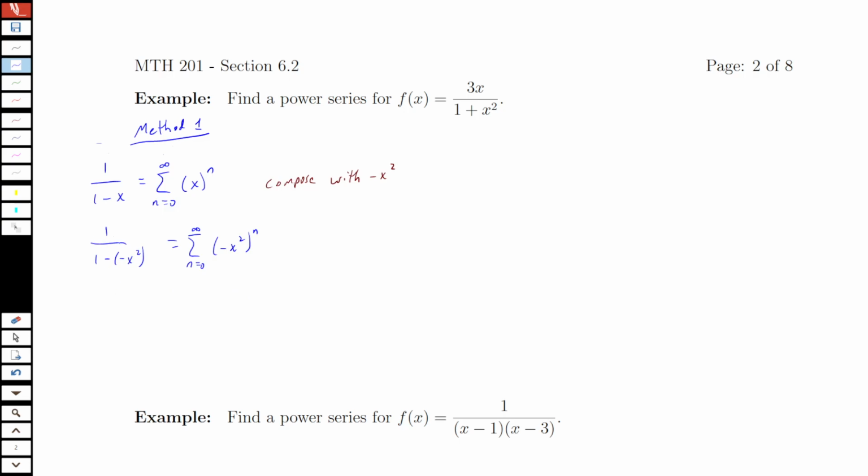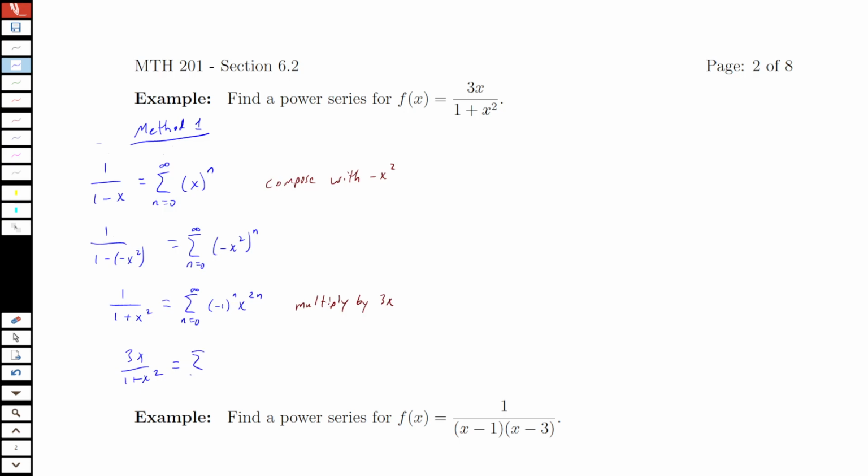Okay, and simplifying both, on the left, that'll give me 1 over 1 plus x squared. On the right, it'll give me the sum from 0 to infinity, negative 1 to the n, x to the 2n. Okay, and now I'm going to multiply in, because we said we can multiply in both constants and powers of x. I'm going to multiply by 3x. So on the left, I'll have 3x over 1 plus x squared.